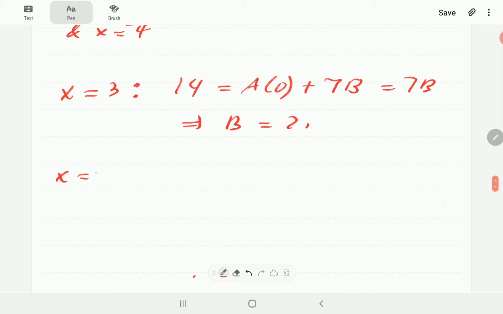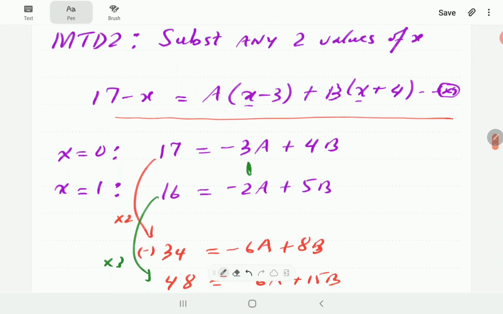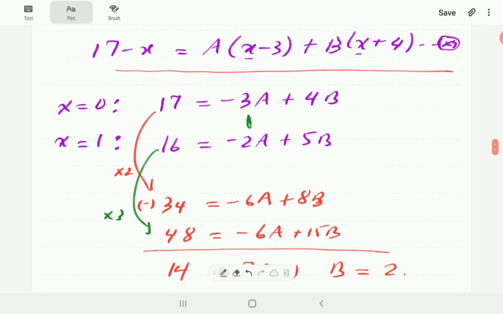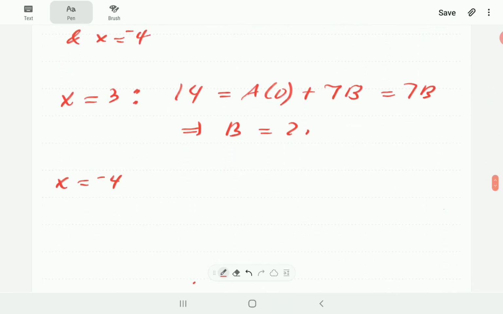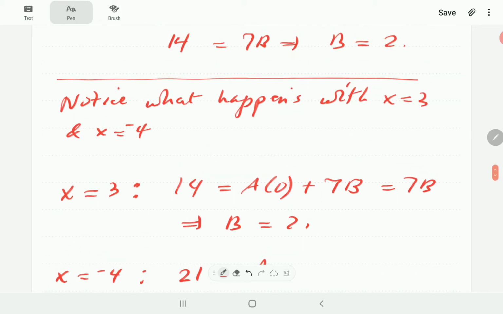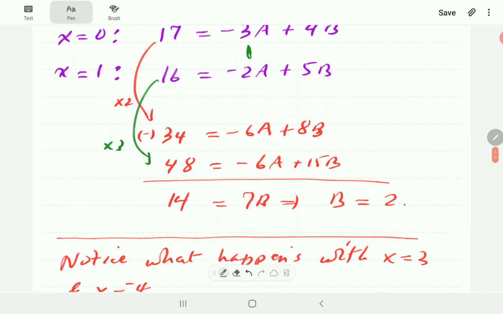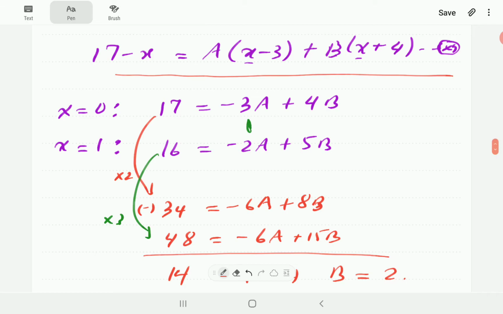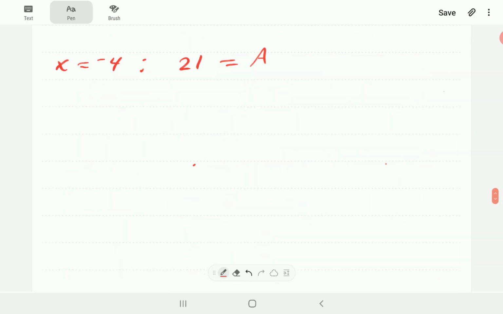Then if we do x is -4, the left hand side is going to be 17 minus -4. So 17 minus -4 is 21. Then for a here we're going to have -4 minus 3. Just write it out. -4 minus 3.